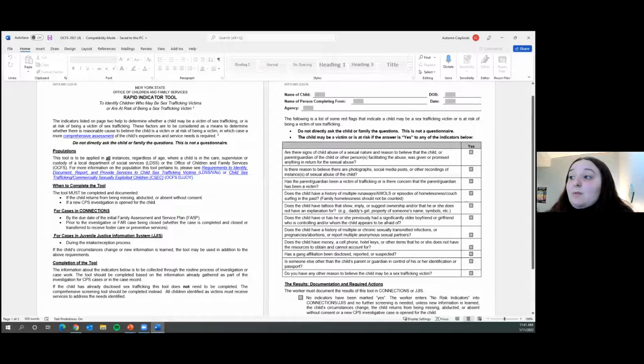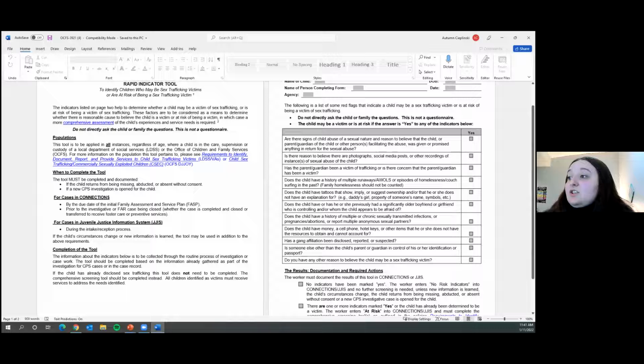Does the child have multiple or chronic STIs or pregnancies or abortions, or report multiple sexual anonymous partners? Does the child have money, a cell phone, hotel keys, other items that they cannot account for or have the resources to obtain? Has gang affiliation been disclosed? Is the child's parent or guardian not in control of their identification forms?